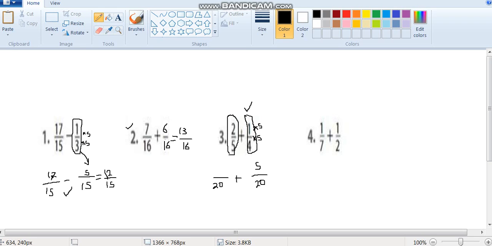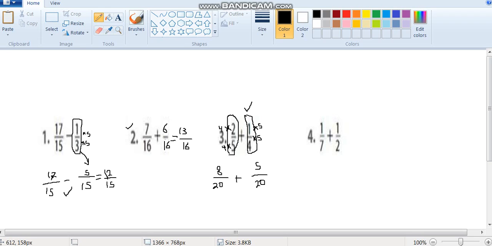Now we have the second fraction here. The 5 becomes 20. How? By multiplying by 4. So you can look at the other side. You multiplied the 5 by 4, so you have to multiply the 2 up here by 4. So 2 times 4 will be 8.